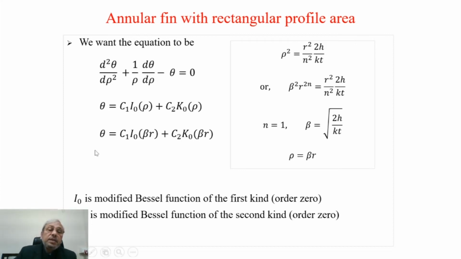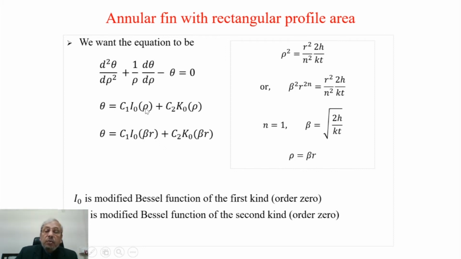So this is the modified Bessel's function of first kind of order 0, and K0 is the modified Bessel's function of second kind, order 0. So C1 I naught rho plus C2 K naught rho.